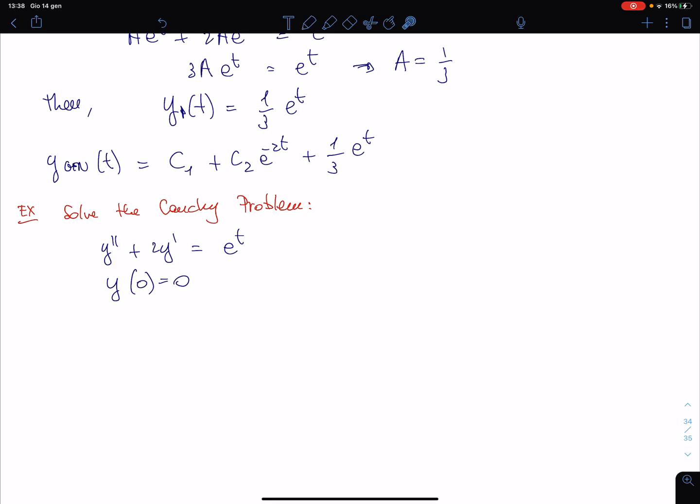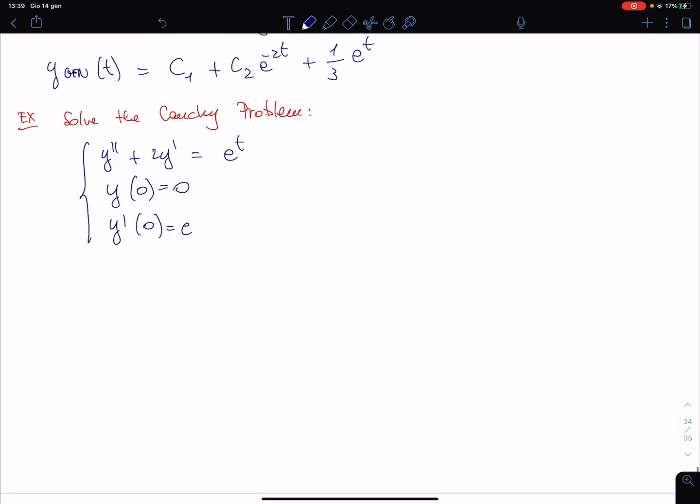This is a second order differential equation, so we need a couple of initial conditions. One is the function at a certain point, and the other is the derivative at the same point. So y'(0) is equal to e, for instance.